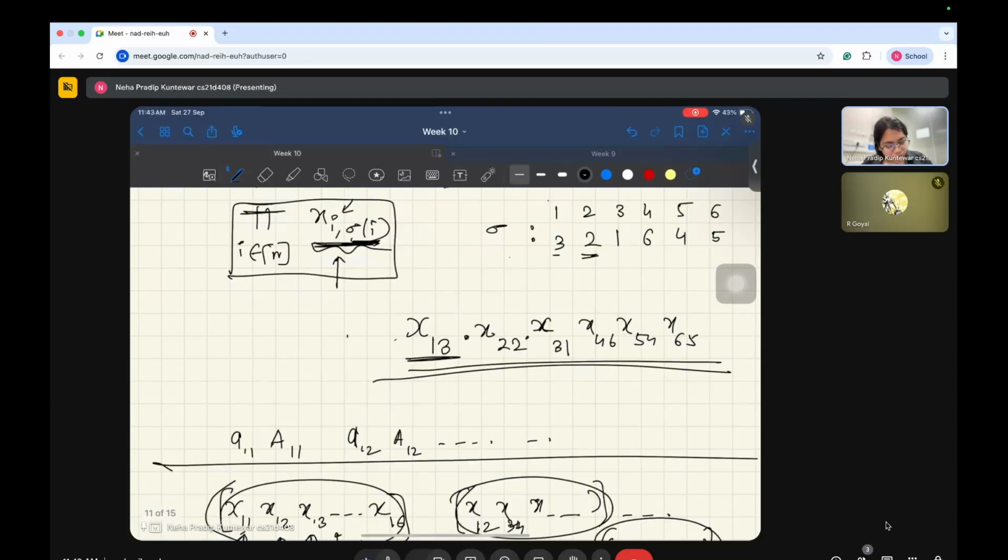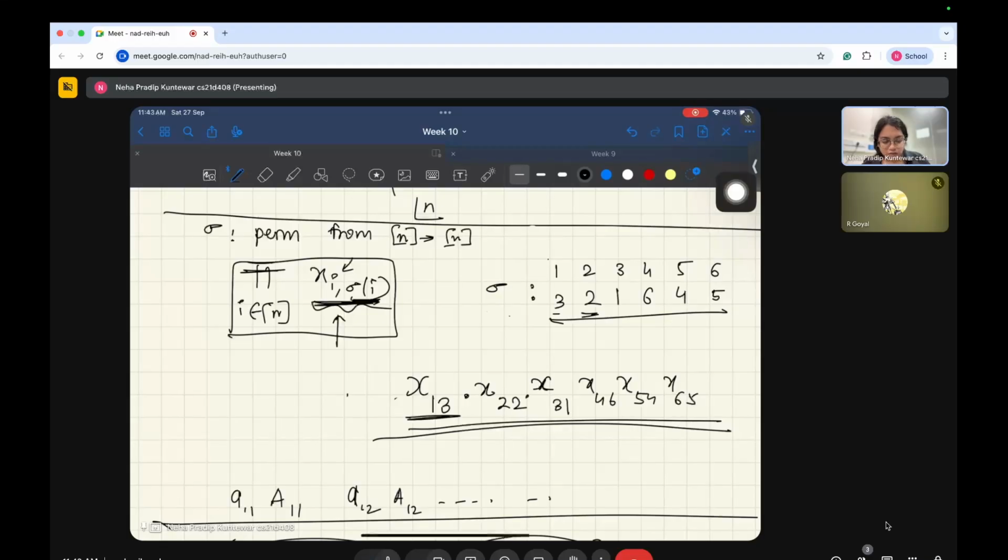We will look at the permutation. Let's say this is the permutation that we looked at. We will find its sign. Sign is nothing but the number of inversions. So the sign of sigma is 1 if sigma has an even number of inversions, and it is minus 1 if there are an odd number of inversions.